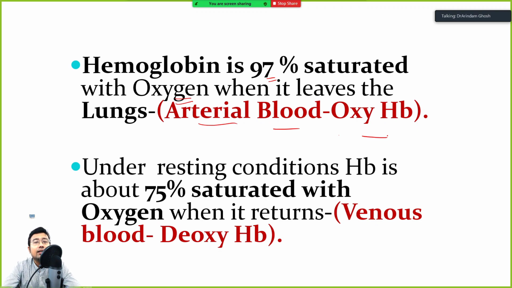Under resting condition, when the blood is not in the lungs, where oxygen is very high, it is roaming here and there, for example in the capillary, or when it is returning for reoxygenation, the hemoglobin is about 75% saturated with oxygen. This is very important. It is not 100% at lungs and 0% elsewhere.